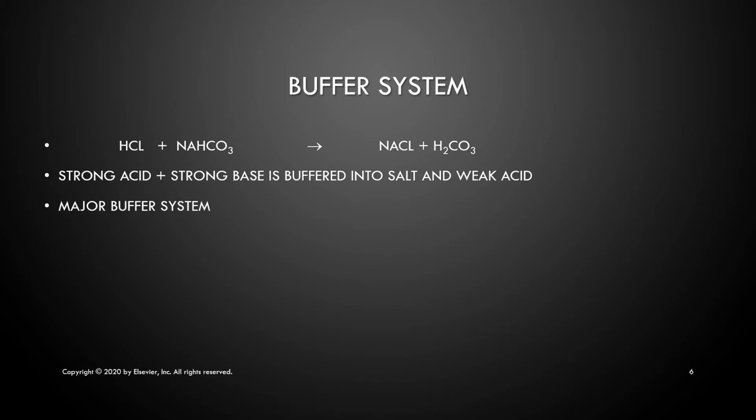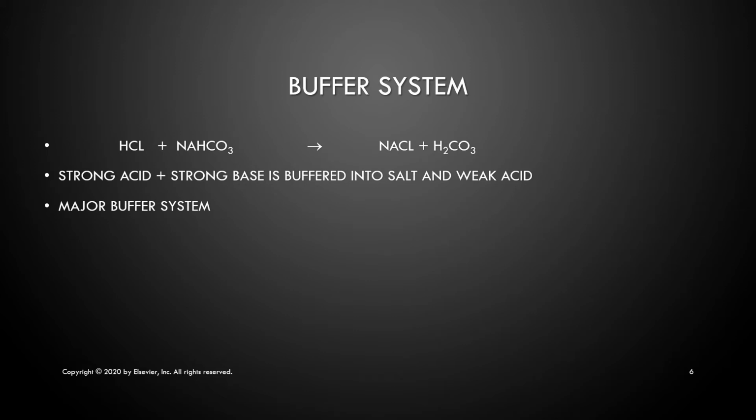So we have hydrochloric acid and sodium bicarbonate, one's a strong acid, one's a strong base. It's going to move the sodium over to the chloride, and the chloride is going to give up that hydrogen and attach itself to where the sodium was, and what that forms is actually carbonic acid.